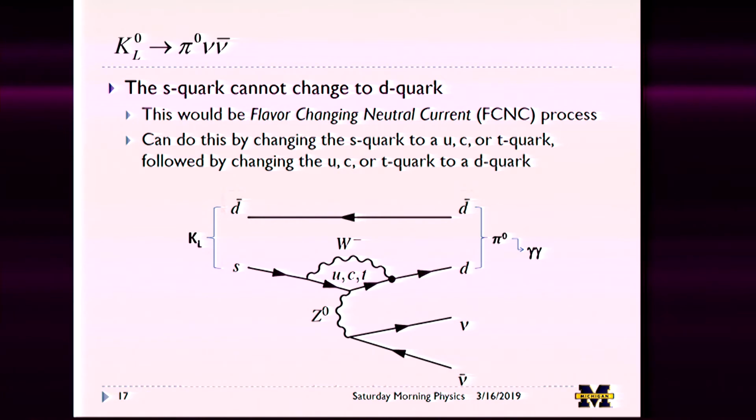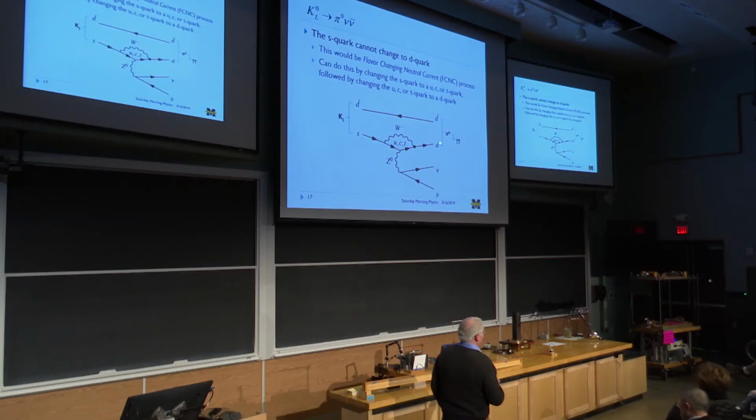We can go from a strange quark into one of the other ones, a U or a C or a T, by emitting a W. Then that U or C or T, after having traveled 10 to the minus 18th meters, can interact with the W again and turn back into a D. And if during this very short time of existence they can emit a Z particle, that can decay into 2 neutrinos.